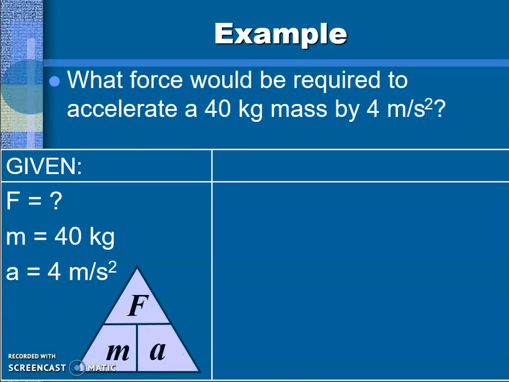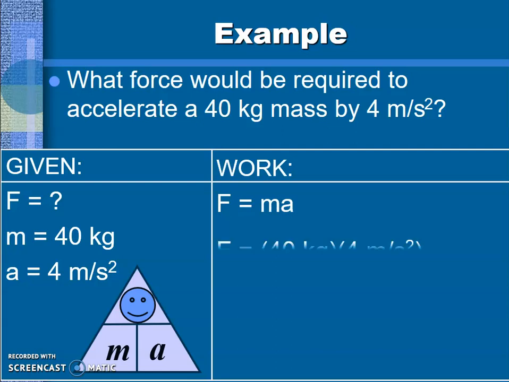And that's my force equation. Here's my triangle. Force equals mass times acceleration. My force is my unknown, so let's cover that up. And so that means I need to do mass times acceleration. Just plug in my numbers and then calculate.